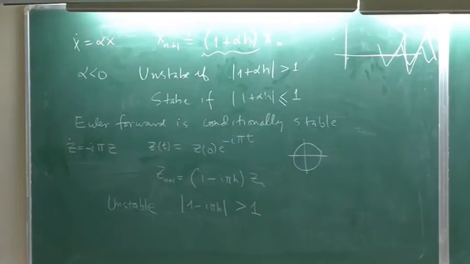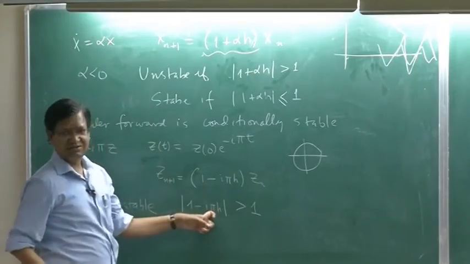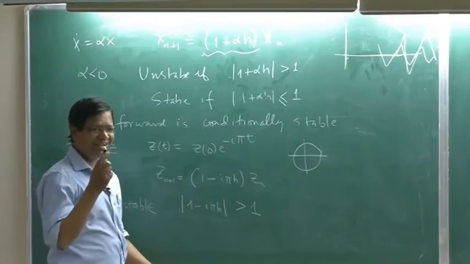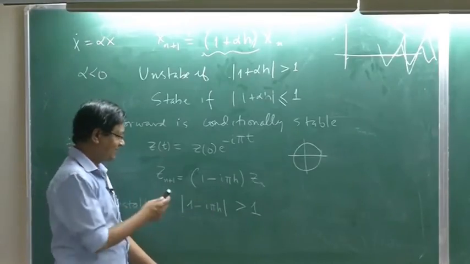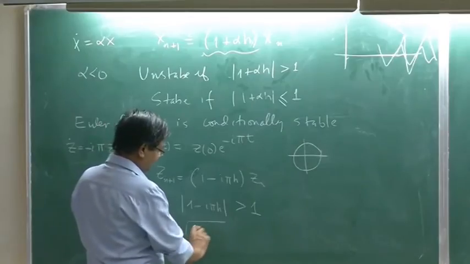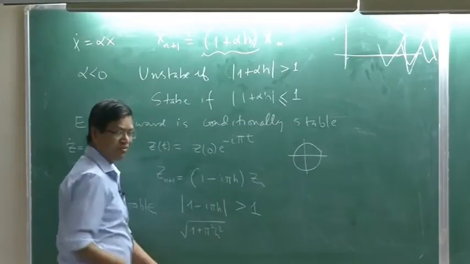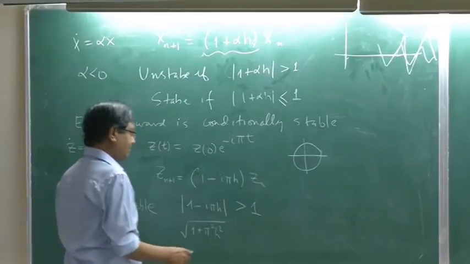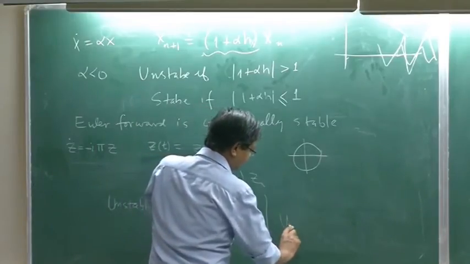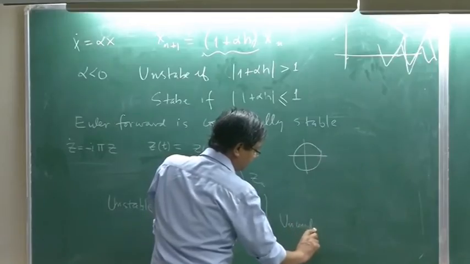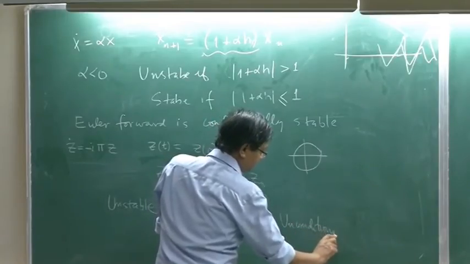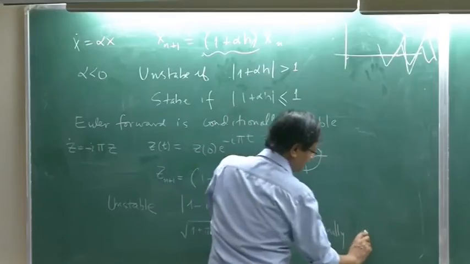Yes, it is a complex number, purely imaginary. H is always positive, H cannot be negative. So this is the square root of 1 plus pi squared h squared, so it is always greater than 1. So the system is unconditionally unstable.